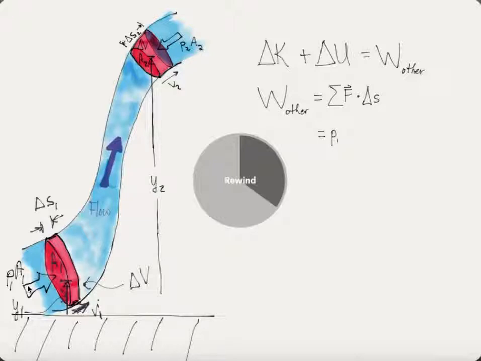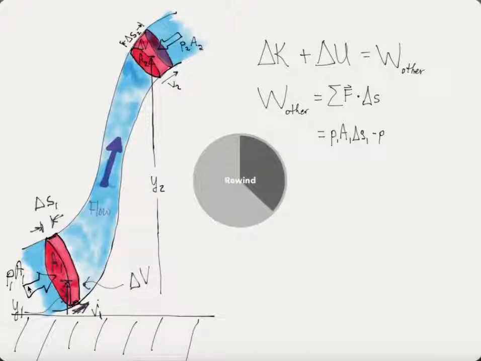So let's go ahead and write this in. We have P1 times A1. That's our force acting on that plate, times delta S1. That is going to be the work done. And I'm calling it a plate, but it's done on that element of water or fluid.